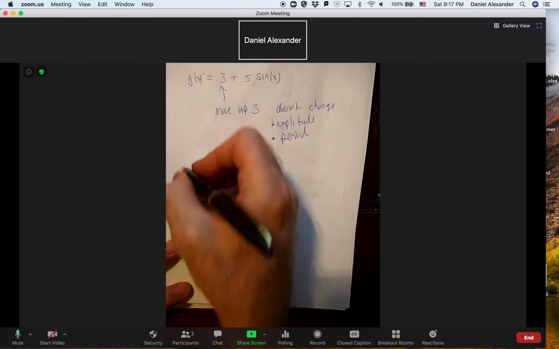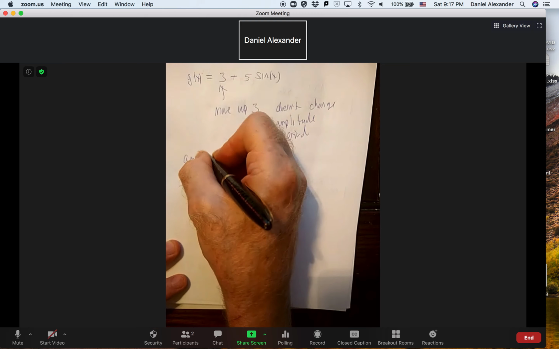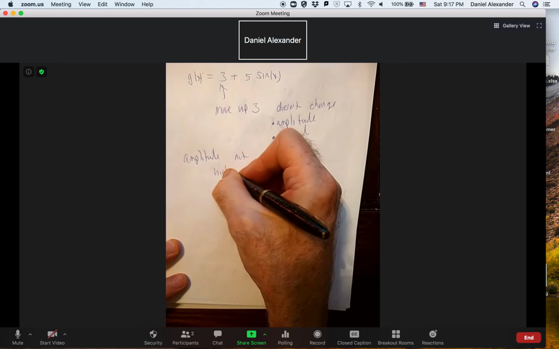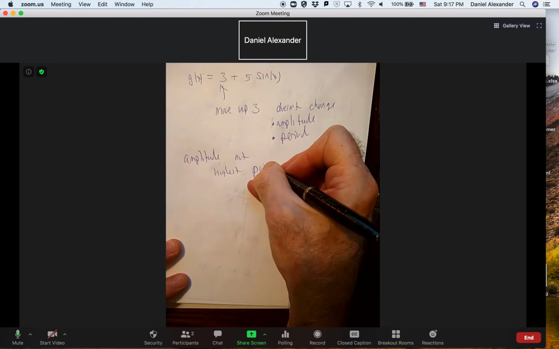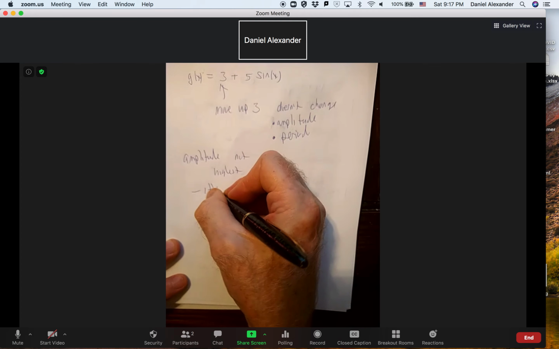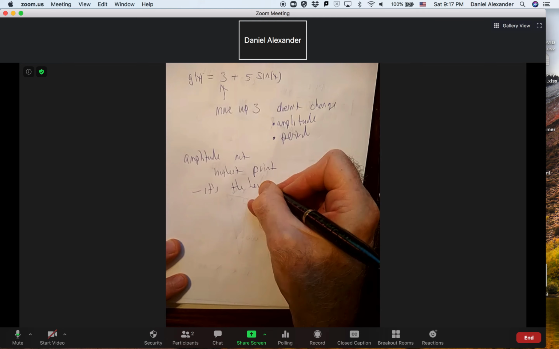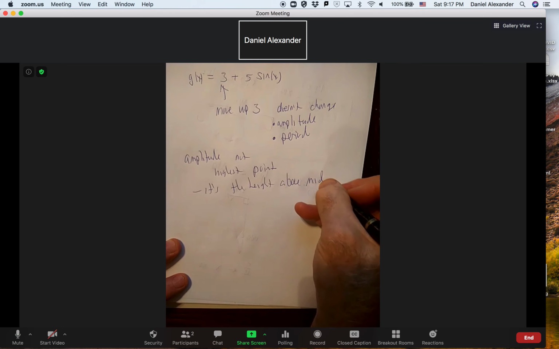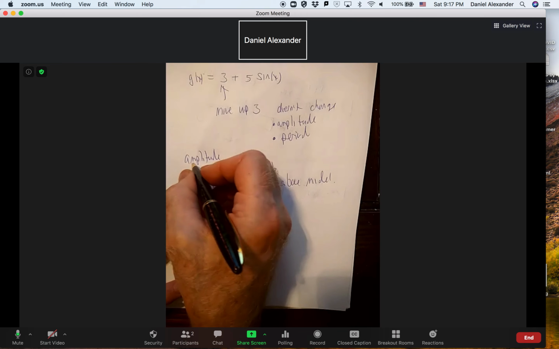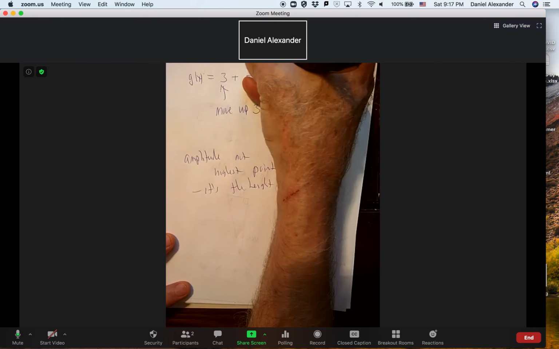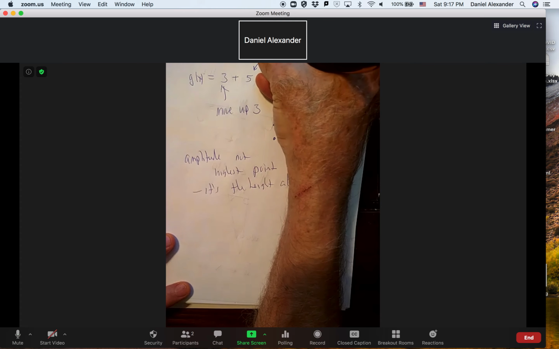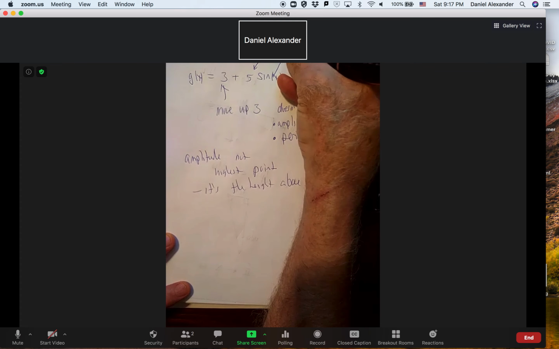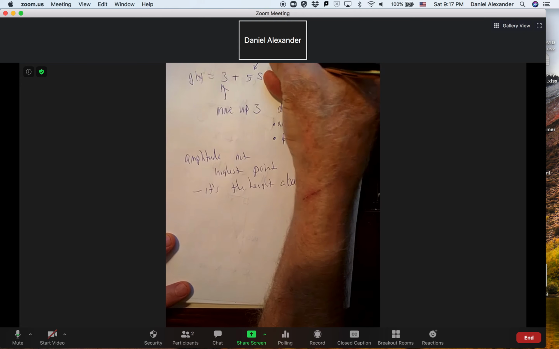Remember, the amplitude is not the high point. It could be, but it doesn't have to be. It's the height above the middle. So that doesn't change the amplitude. Again, the amplitude is still going to be A. The number in front of x, which is a 1, is going to be used to determine the period.